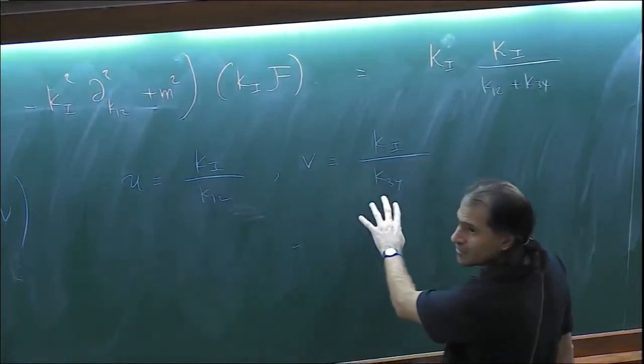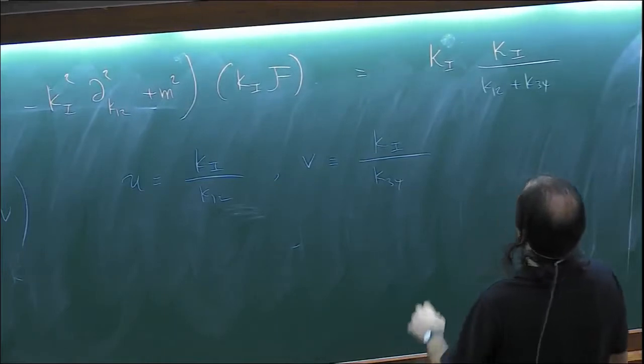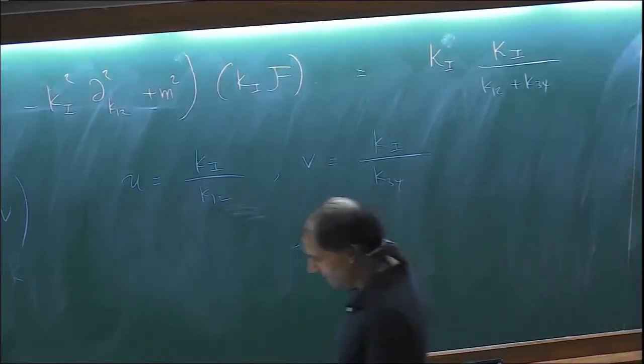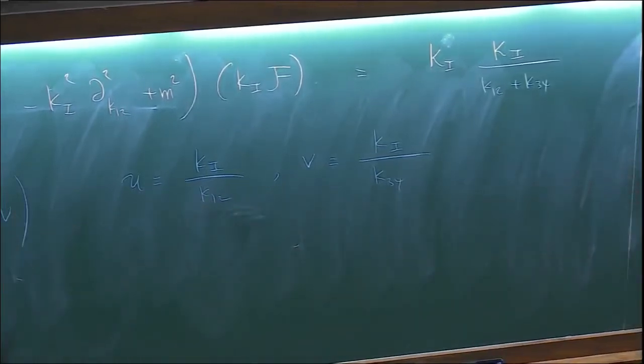V is fixed here. Right? But the right-hand side will depend on u and v. And so, just a short exercise. I won't do the algebra for you in real time, but let's write down what the final answer is like.